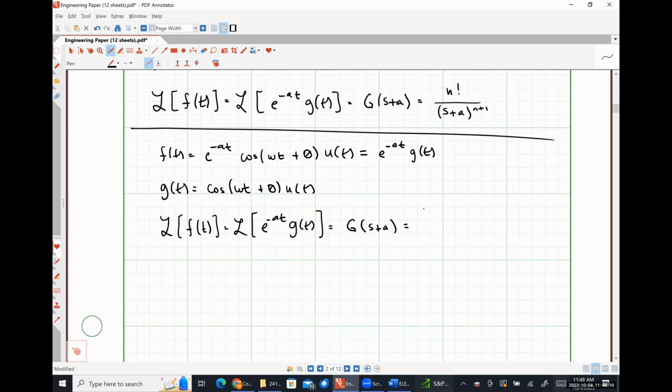So that'll be S plus A sine theta minus omega cosine theta, divided by S plus A squared plus omega squared. And that is a huge pain to do using calculus.